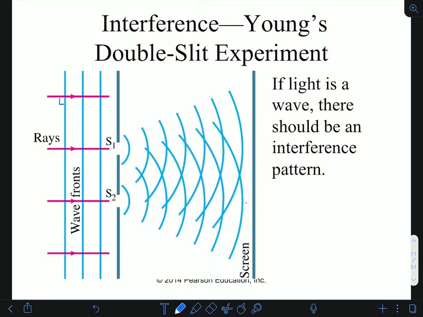When the wavefronts hit a barrier and there's a slit with an opening for that light to go through, every point on each wavefront is going to act as a source. So now you have 2 point sources, and the 2 point sources can emanate light that is going to interfere.